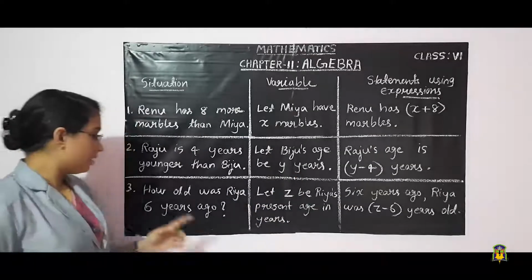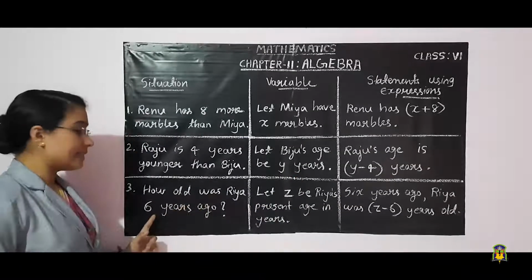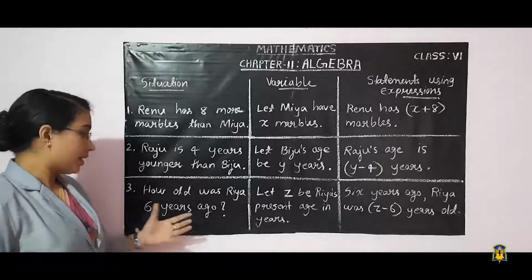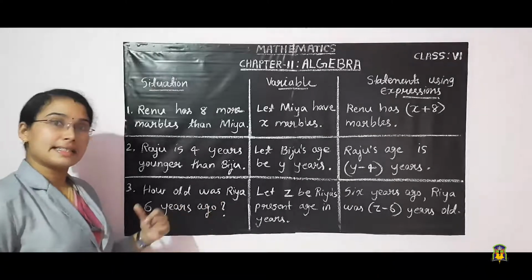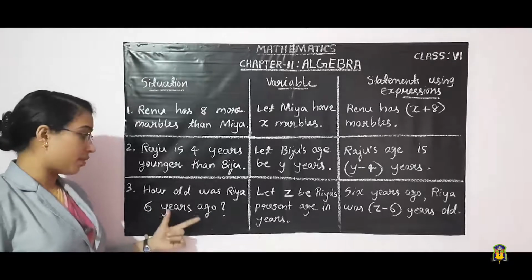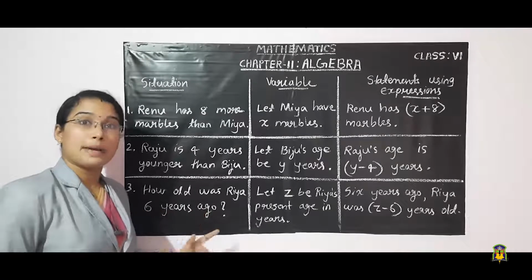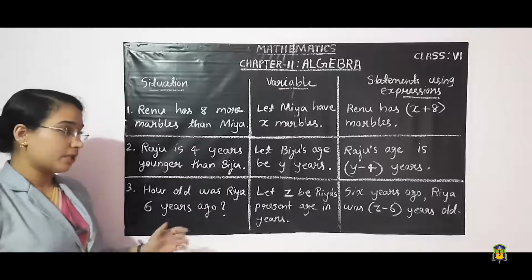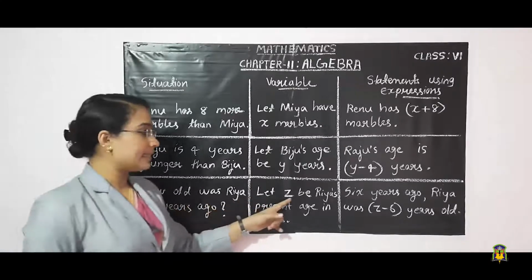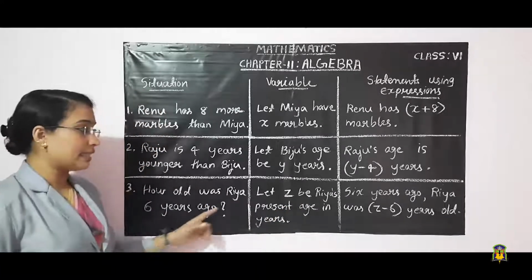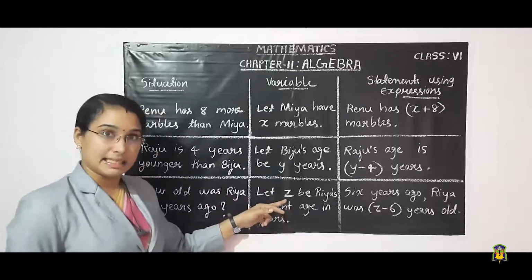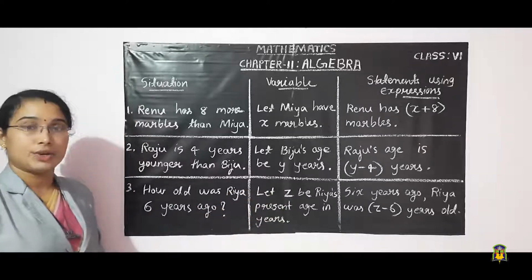Okay. Third one. How old was Ria 6 years ago? In this question, we want to find Ria's age 6 years ago. For that, first we want to know the present age of Ria. So let z be Ria's present age in years. We take one variable z for the present age of Ria.